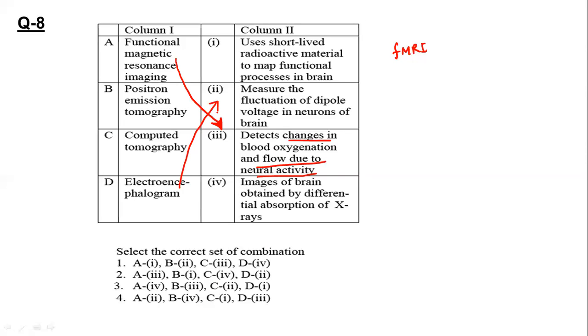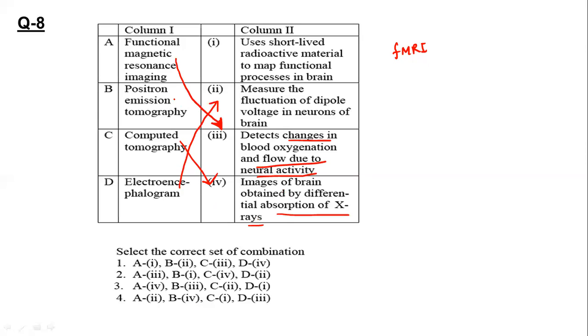Now computed tomography or CT scan is actually used to show imaging of the brain by differential absorption of X-rays, right? Different images of the brain are obtained by the differential absorption of X-rays.